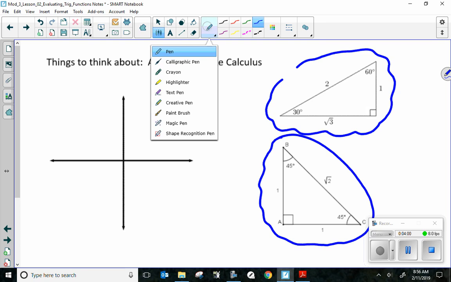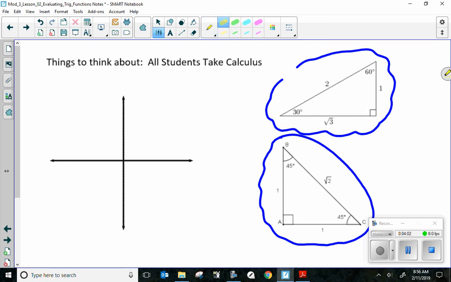So what do we have here? We have all students take calculus, all right? And notice I highlighted the first letter in each one of those words, okay? So here's quadrant 1. Here's quadrant 2. Okay, here's quadrant 3.